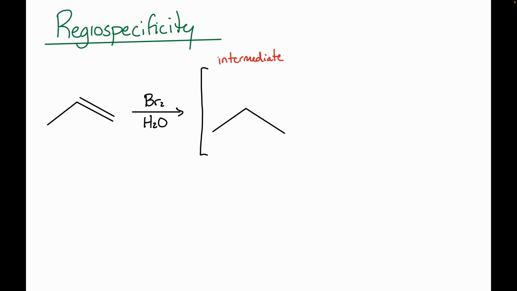But rather than drawing it like a perfect equilateral triangle, I'm going to draw it more like what it would really look like in solution, if we could shrink down in our magic school bus and look at it. It turns out that it's not this perfectly symmetric structure. This bond over here is already starting to break.